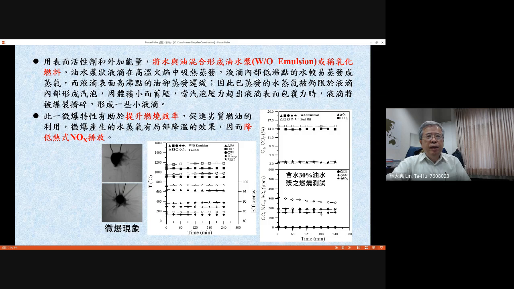And you can see a very interesting thing here for the water-oil emulsion burning. The black symbol represents a smaller value for NOx emission. This is shown by diamond symbols, and they have smaller SOx emissions compared with the burning of the fuel oil without water addition.